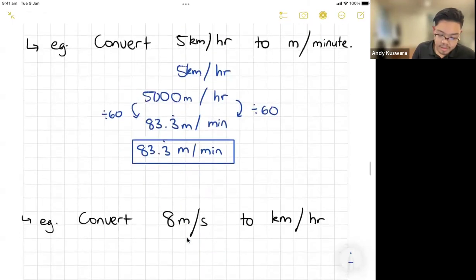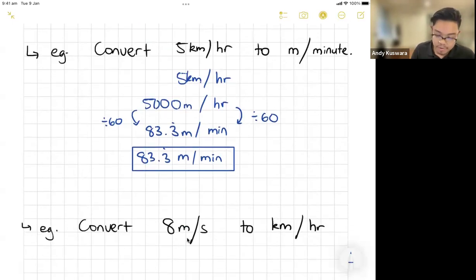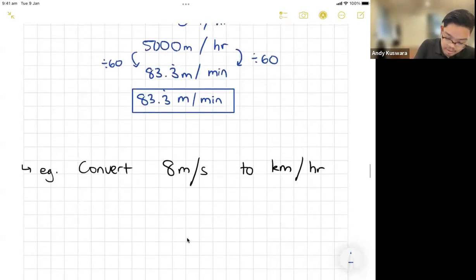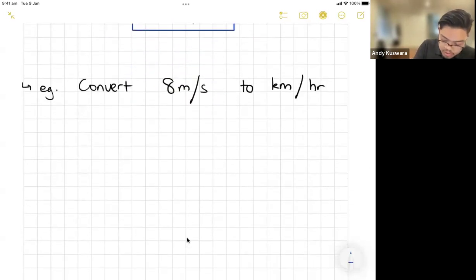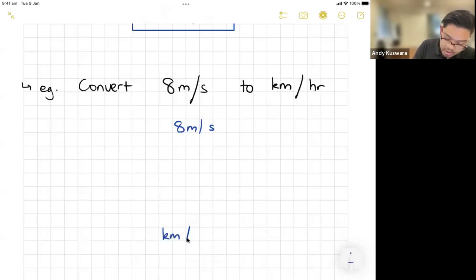Okay. Now let's do the same thing here. What if I go from smaller to a larger unit? So I'm going from 8 meters per second and I'm changing that into kilometers per hour. So let's do the same thing. I'm going to go from 8 meters per second and try to change it to kilometers per hour.